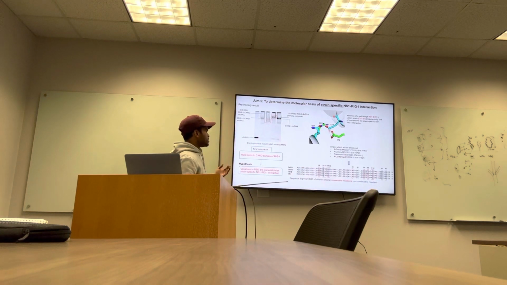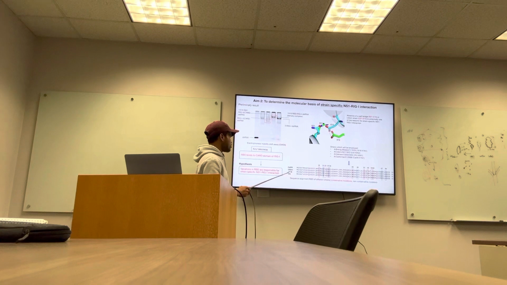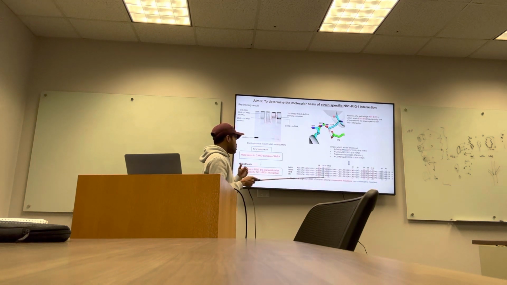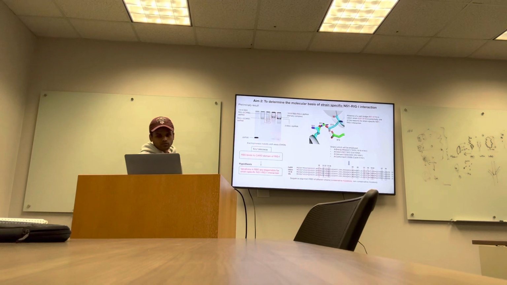When we did sequence alignment of the RBD domain of different strains, we see many different mutations with respect to the original 1918 pandemic strain, and we think that these mutations may modulate the interaction of NS1 with RIG-I. Some of these mutations are conservative, some are non-conservative, which may stabilize or destabilize the interaction of NS1 with RIG-I.